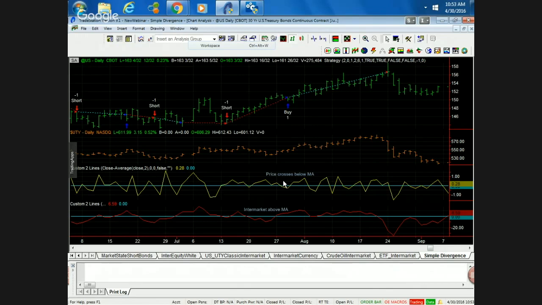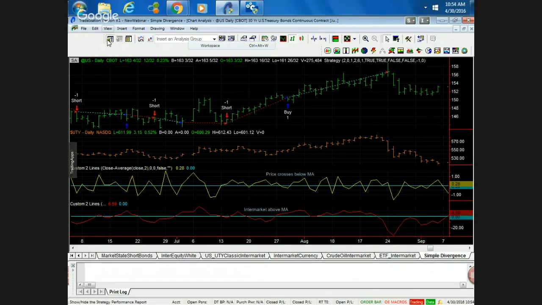That's the whole theory behind this. The bonds are pulling back while the utility stocks are climbing, and that shouldn't happen, and that presents a buying opportunity.